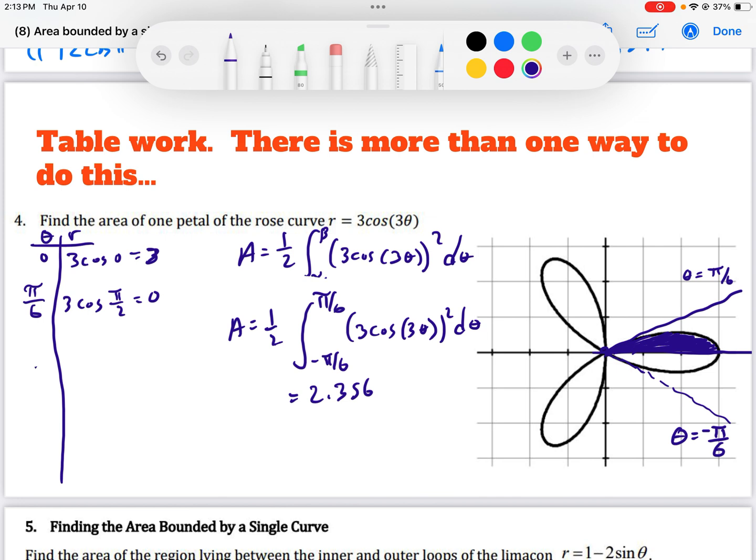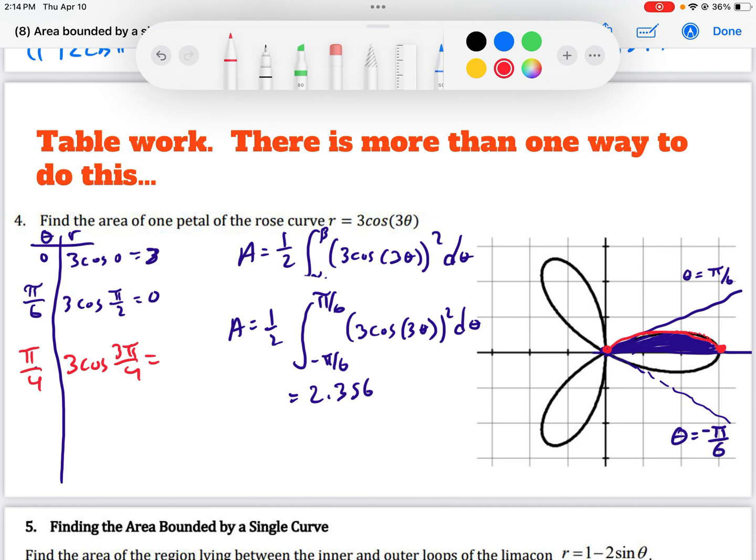Just to talk about other ways to see what's happening: if I plug in theta 0, I get this radius here. Then as theta approaches pi over 6, I get all those radii, and at pi over 6, I get 0. This is one of the first ones we graphed last set of notes. What happens after this is it starts to go this way. If I plugged in pi over 4, that'd be 3 cosine of 3 times pi over 4.